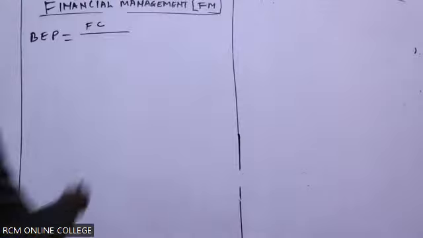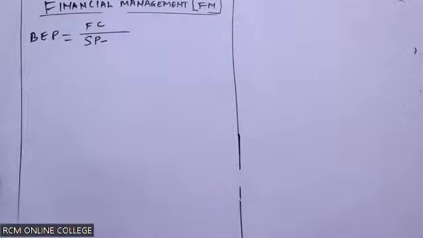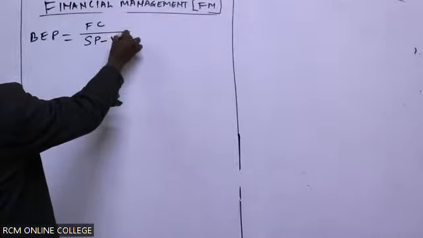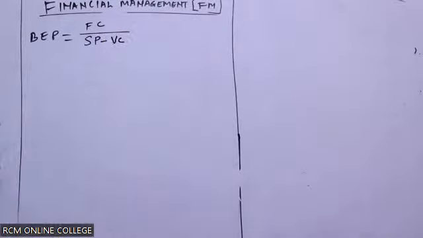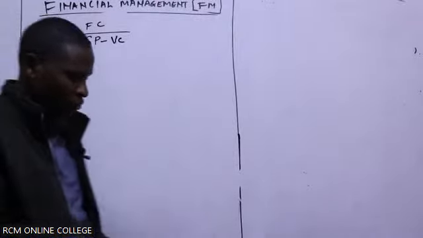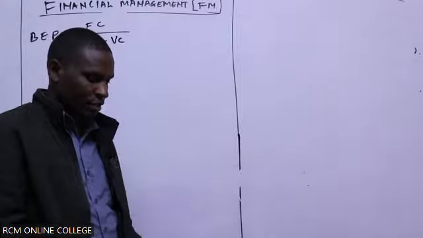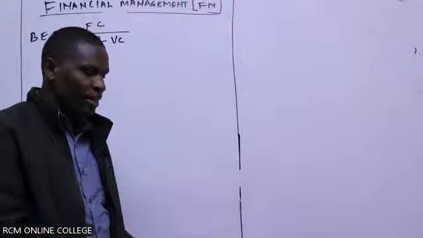You can see we have selling price minus the variable cost. Do we have variable cost? Yes, we have variable cost. So that you get there, utakuwa umemalizana na hiyo. In fact, now it will help you to first of all compute the BEP. So from the question, what do you think is our fixed cost?